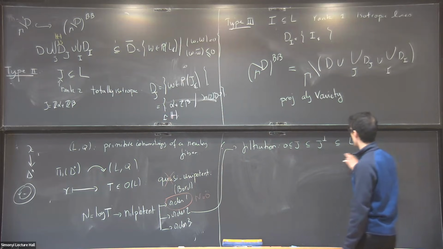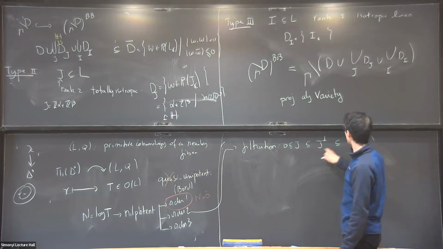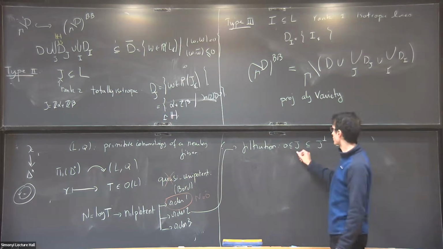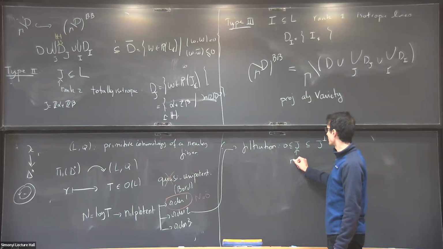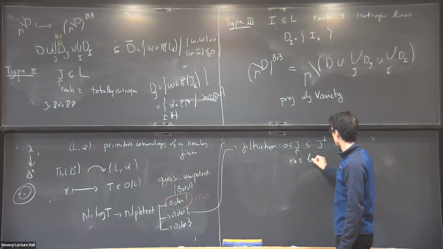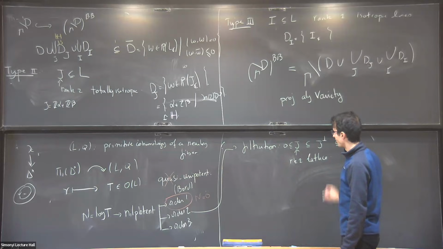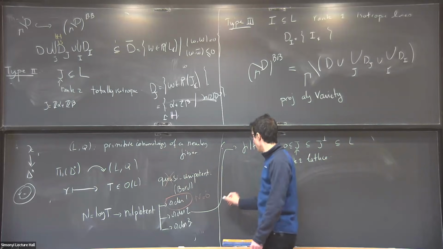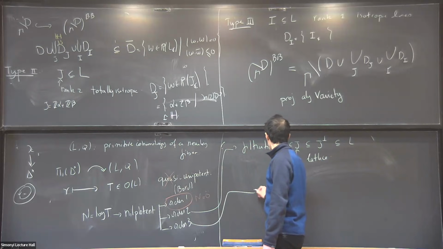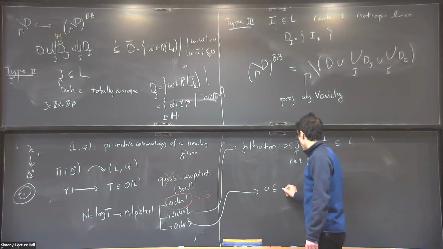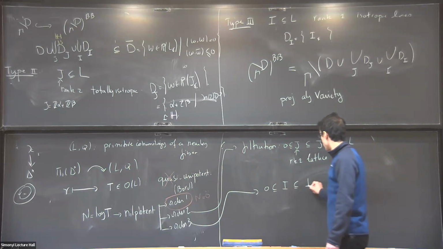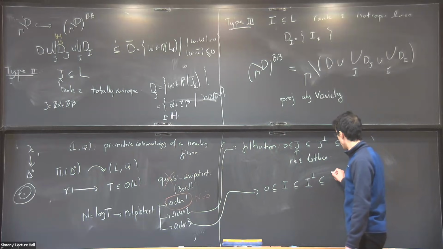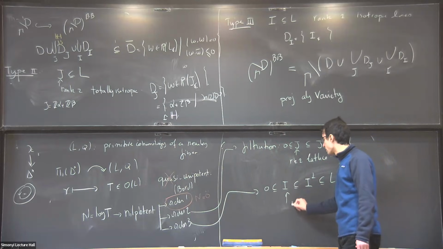The steps of this filtration will be given by J, J perp, and L, where J is an isotropic rank 2 lattice. And so this is why they call it type 2. And then for type 3, the weight filtration that you obtain is given by I, I perp, and L, and I is an isotropic rank 1 lattice.